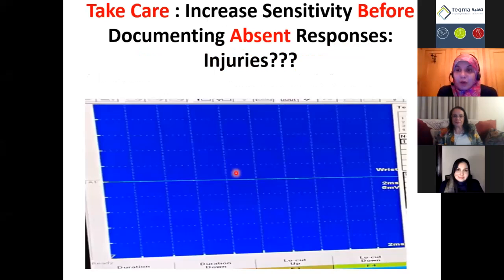It's very important because I see several problems when you try to see injury or detect a pathology. You can never use this baseline of 5 millivolt per division. This is unacceptable. You have to change the gain before documenting any absent response. You cannot begin like this, ever.